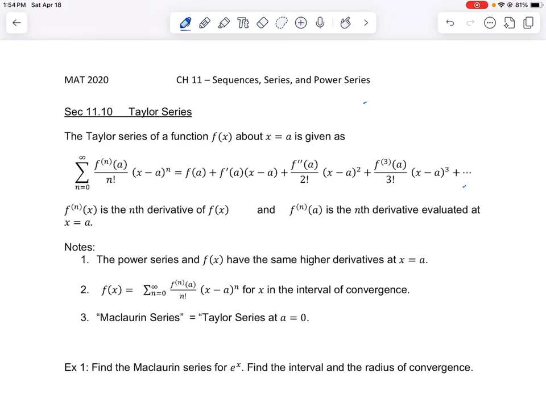And so the series is, if you recall, in the power series we have summation Cn times x minus a to the n.